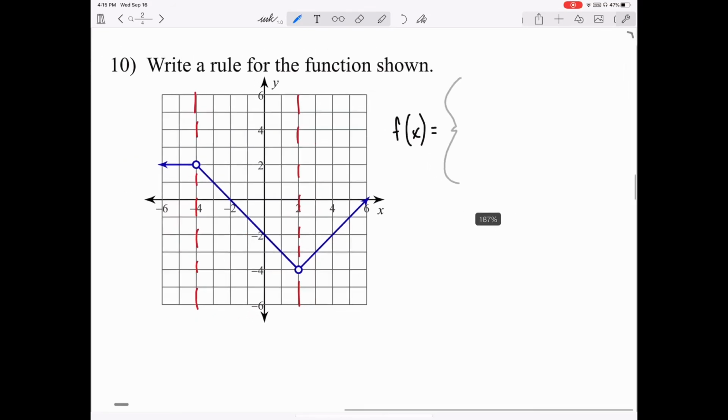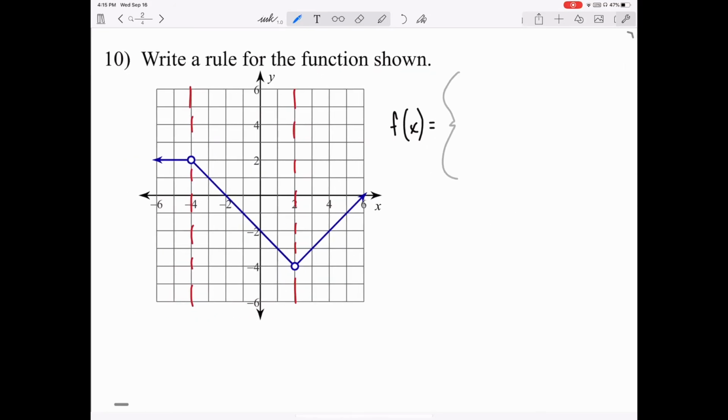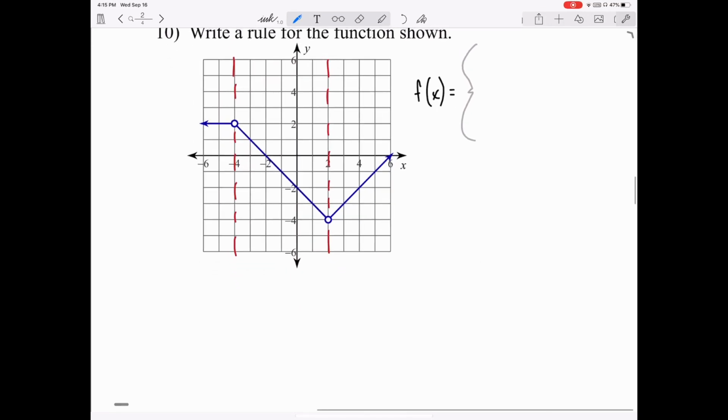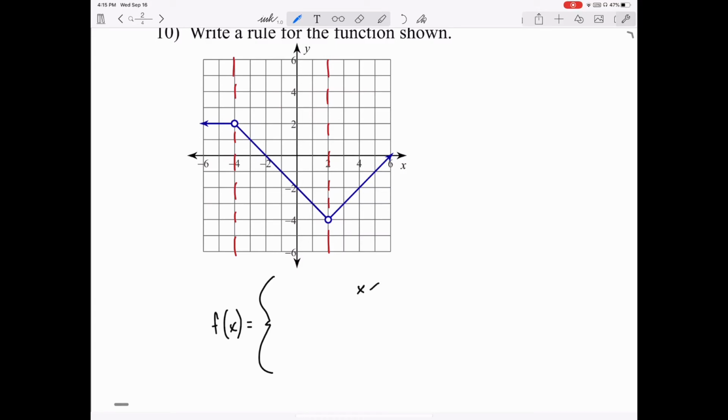Okay, and when I do these, I like to work with the domains first. So the function the furthest to the left has a domain of less than 4.